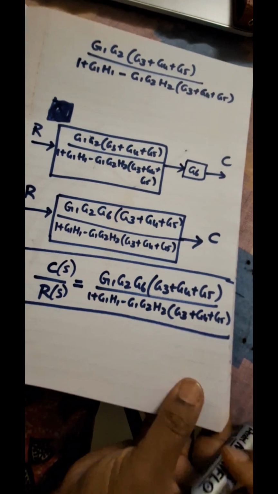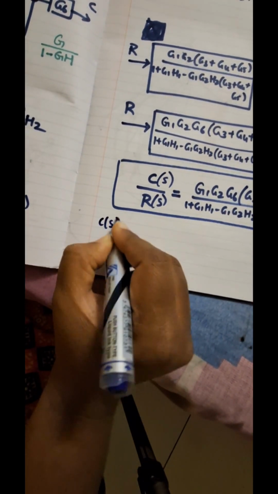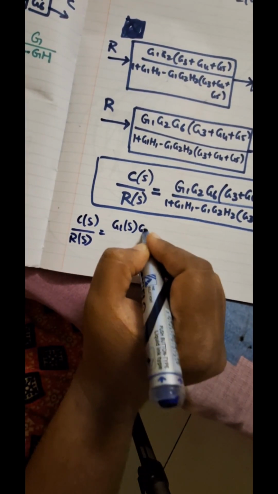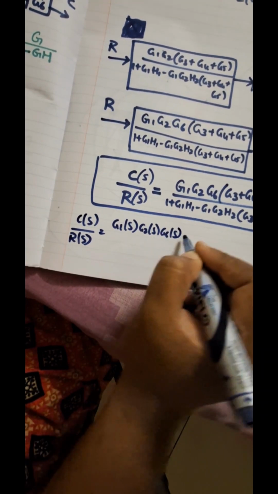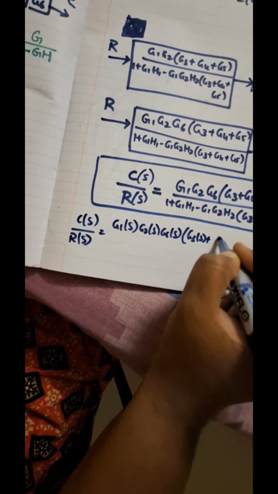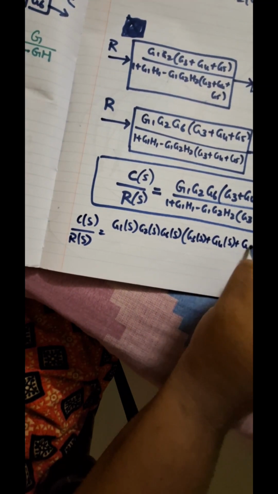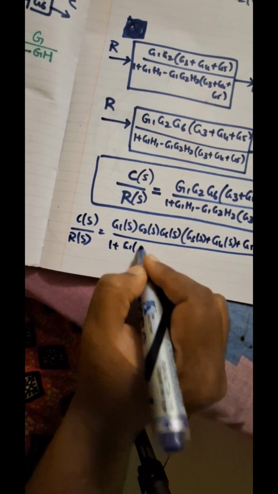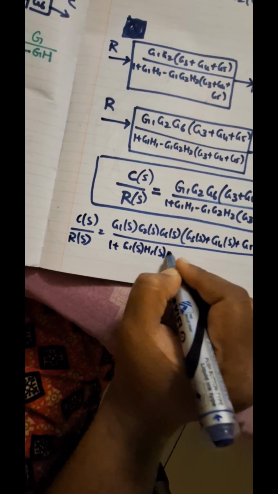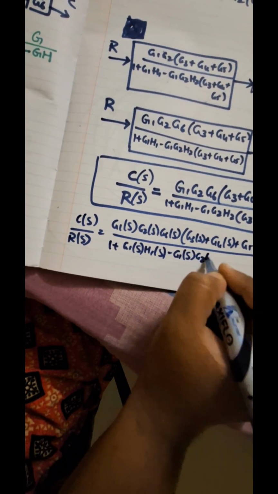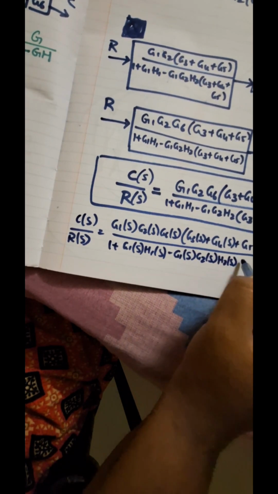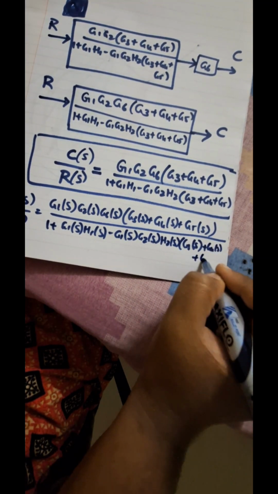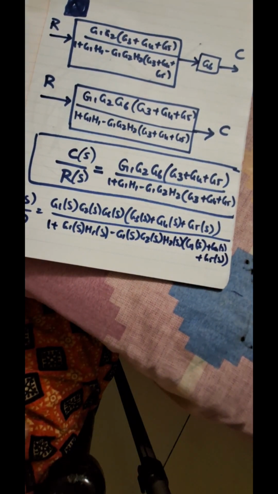Then at last show the answer. C of S by R of S is equal to G1 of S, G2 of S, G6 of S into G3 of S plus G4 of S plus G5 of S divided by 1 plus G1 of S, H1 of S minus G1 of S, G2 of S, H2 of S into G3 of S plus G4 of S plus G5 of S. Done.